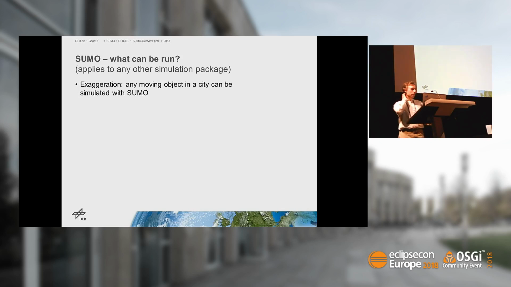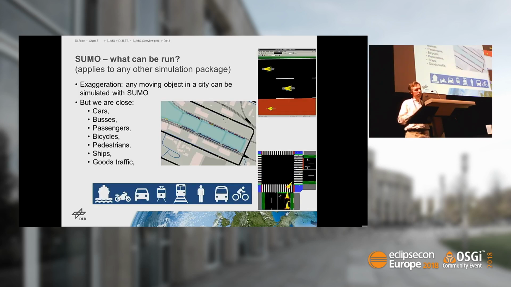So what can you do with SUMO? In principle, you can simulate the movement of any object in a city. That sounds big. It's not quite true. I mean, we don't have the butterflies ready yet, but we are close. We simulate a lot, also traffic on the rivers, bicycles, pedestrians, also goods.